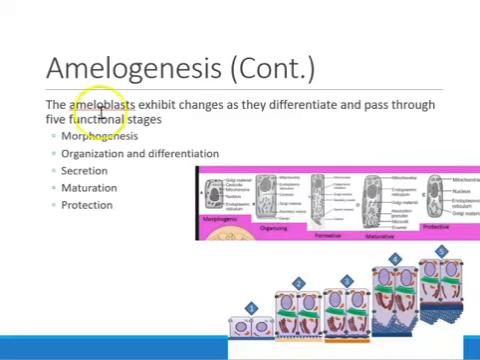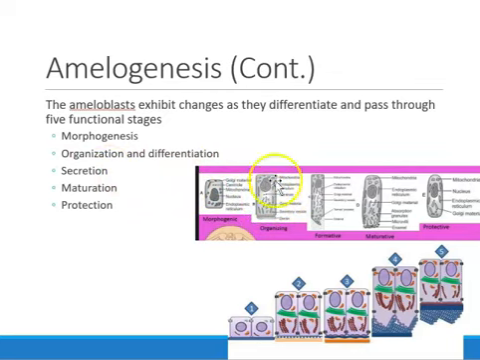Now, amelogenesis has different stages, as we can see. There's morphogenesis, where the cells decide what shape the tooth will become. Then there's organization and differentiation, which basically means the ameloblast is going to grow and develop. You can see it's gotten bigger, and the cell is starting to develop and grow.